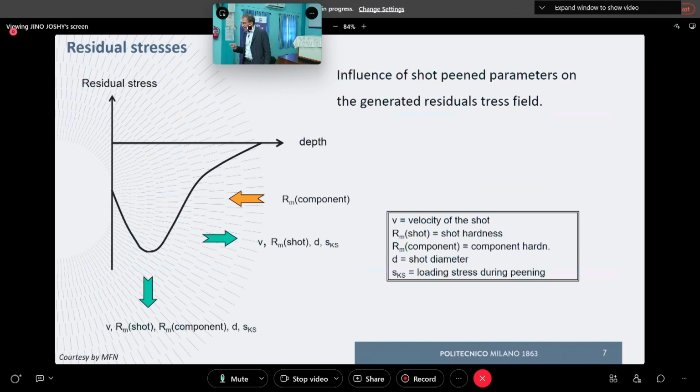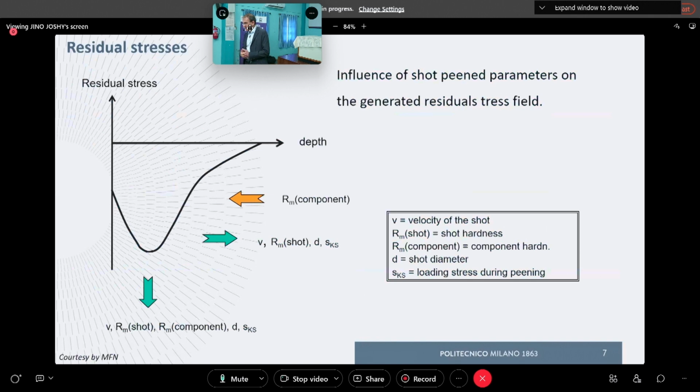The Rm, or UTS, of the shot and of the component are also influencing the maximum compressive residual stress. And the diameter of the shot and the SKS is the area of the surface. No, the loading stress during peening is here.